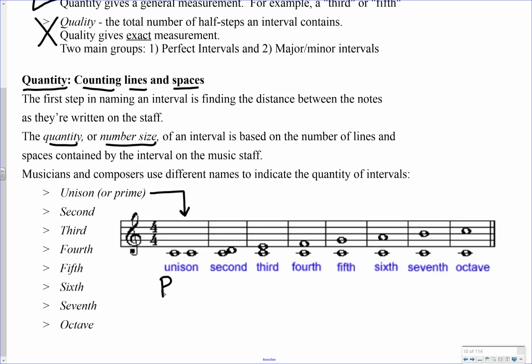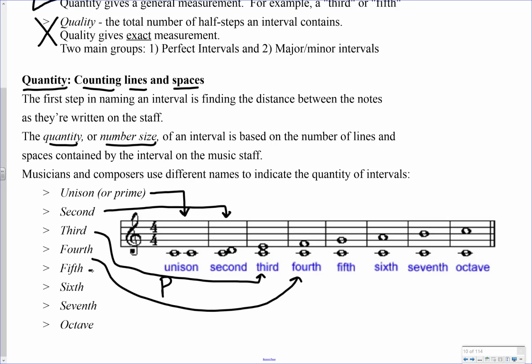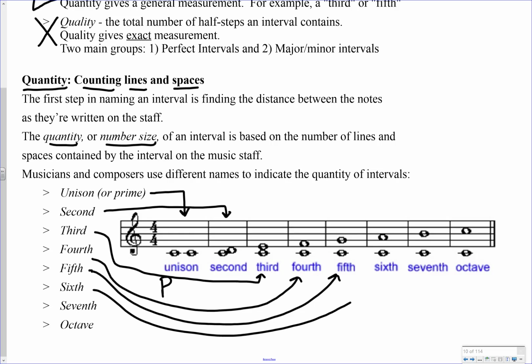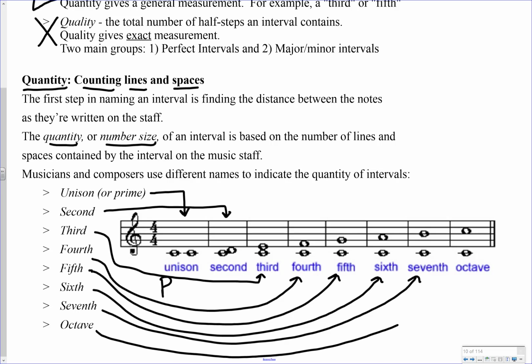And then we have our seconds, and our thirds, and our fourths, and our fifths, sixths, sevenths, and our octave.